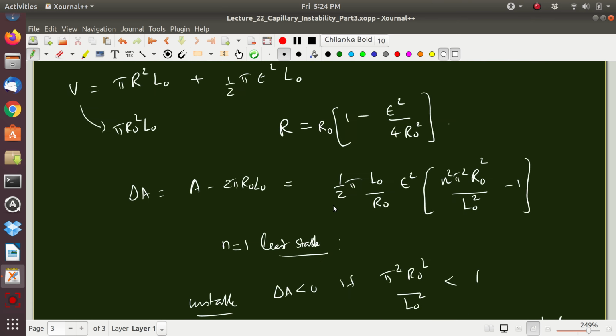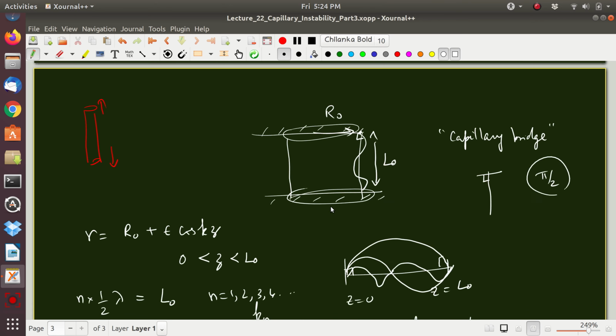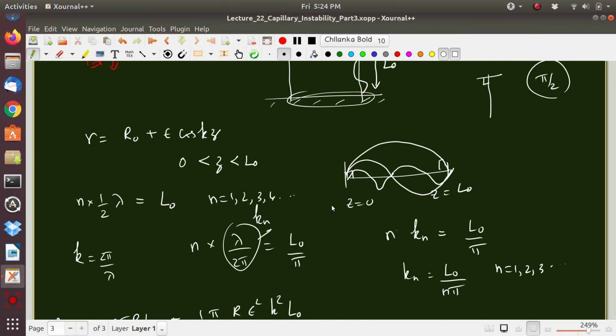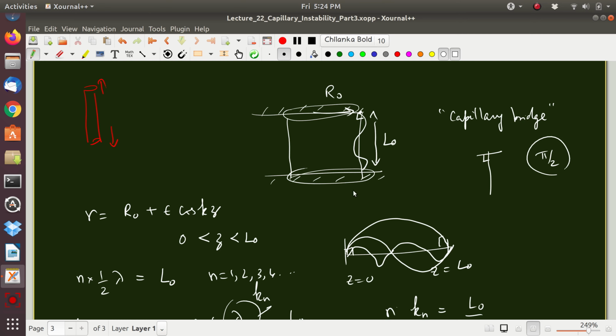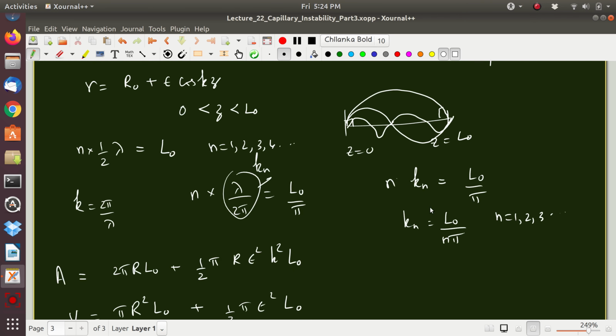So this is a rough qualitative explanation of how one carries out the stability analysis of a finite bridge. The key aspect is that you cannot fit in arbitrary wave numbers. The largest wavelength is determined by the size of the domain in the z direction, and that will set the type of waves that can be fit into this domain.